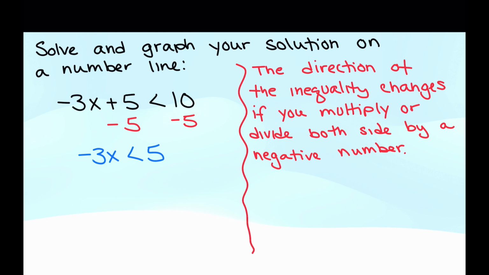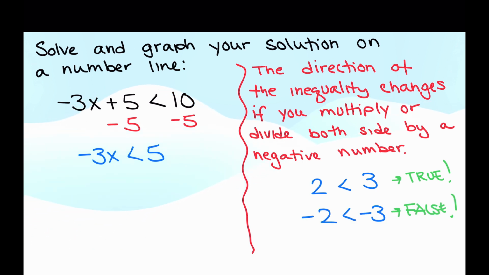And let me try to explain that with a specific example. So if we have this statement, 2 is less than 3. That's a true statement. That's saying 2 is smaller than 3, and we know that that is correct. But notice, if I change the sign of these numbers, negative 2 less than negative 3, my statement is no longer true.